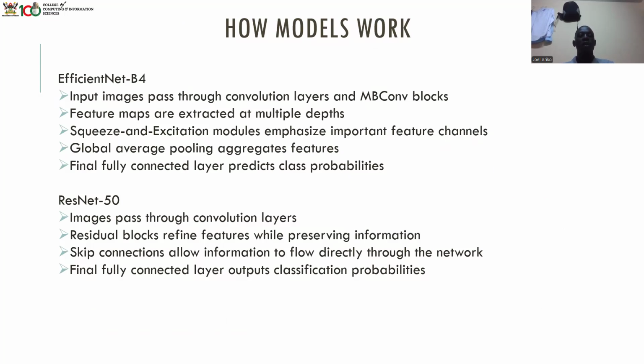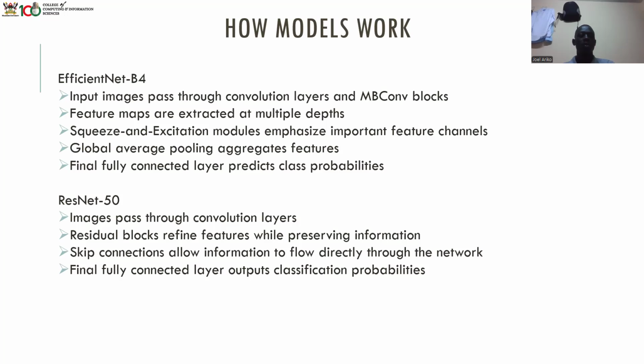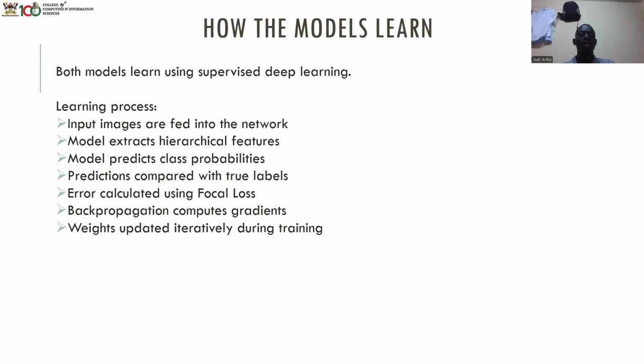Then we use squeeze-and-excitation modules to emphasize important feature channels. Then global average pooling aggregates the features. Finally, we form a final fully connected layer that predicts class probabilities, as you can see in that architecture. It is the same for the ResNet.